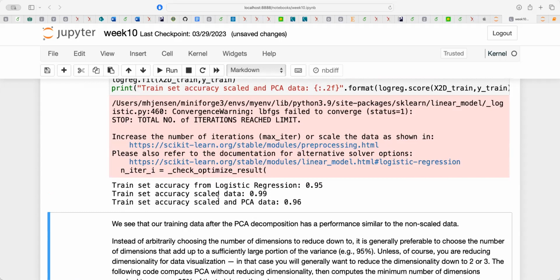When you have scaled the data, it gives you a 99% correct classification. If you keep only 2 of these components, you get a classification accuracy of 96%. That means that 4% of the cases are wrongly classified. So if you're happy with 96%, and this reduces your dimensionality, then you could use that as your effective degrees of freedom.